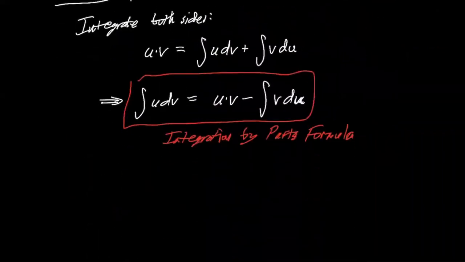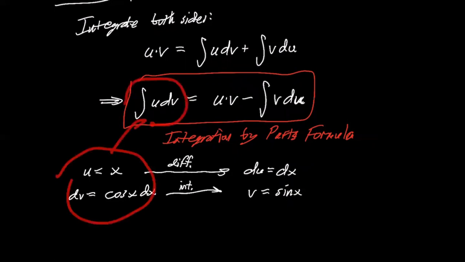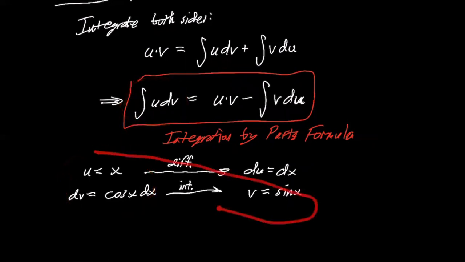And just to write it one more time, the idea is that we identified u to be x, dv to be cosine x dx. And then we differentiate this and we get du is dx, and we integrate this one and we get v is sine x. So when we put in our original integral, the u dv integral, u times v is easy enough.